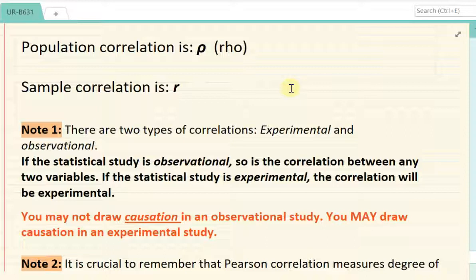I would assume that the higher the temperature, the more moisture will evaporate from the cake, so it's going to be less moist. In this case, I can draw the causation, and I can say that it is the temperature that's causing the moisture content to be lower at a higher temperature. Okay, so that's the idea of causation. I just want to clarify that.